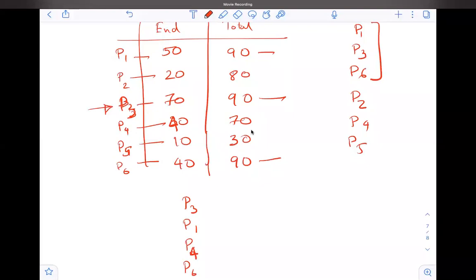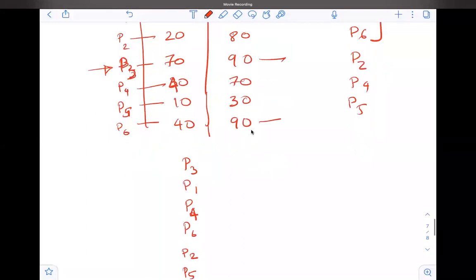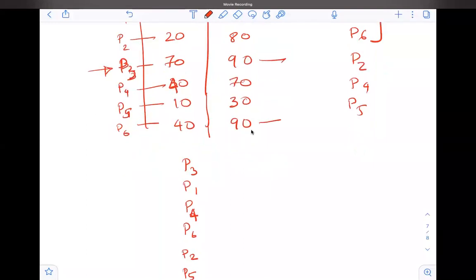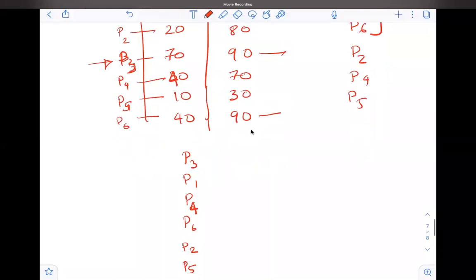Now I sort it based on total. After I sort it based on NSEM, see this P1, P3, and P6. These three are already sorted, the same number, but they're sorted in the way that I want.